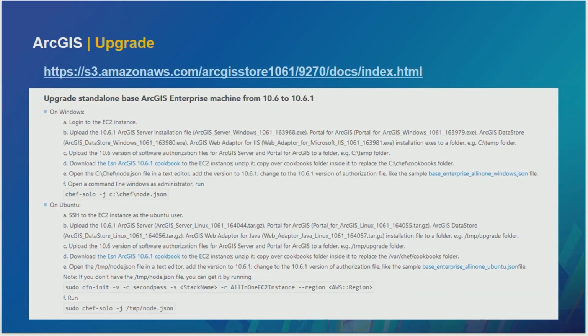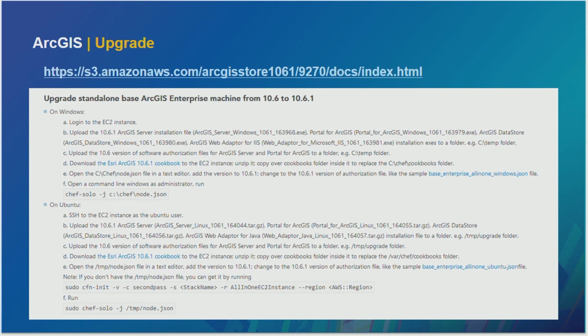I was really excited about this when it came out: the upgrades. It was always a manual upgrade before. I had to go to each machine and upgrade them. This was really exciting. I can just follow these steps that they have lined out here.